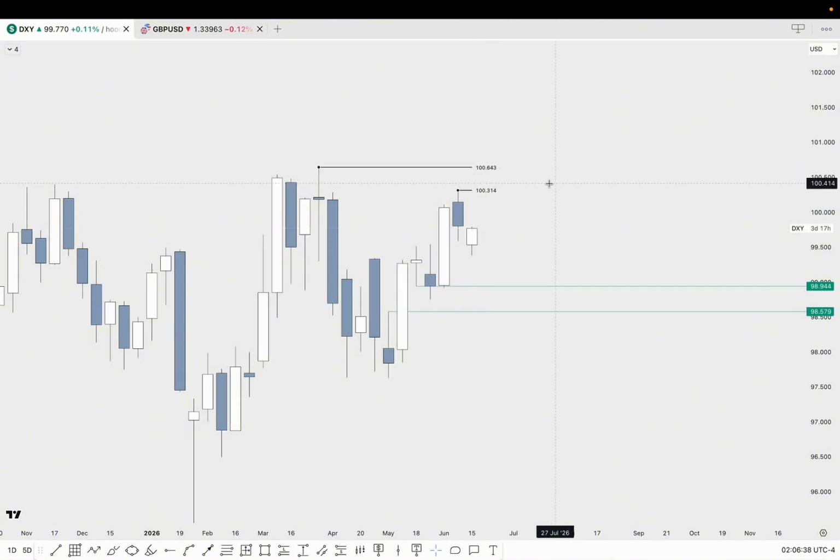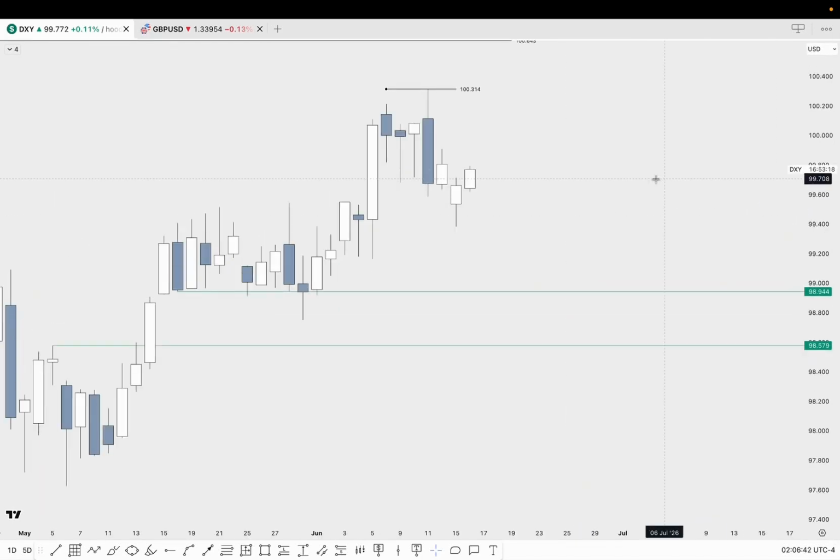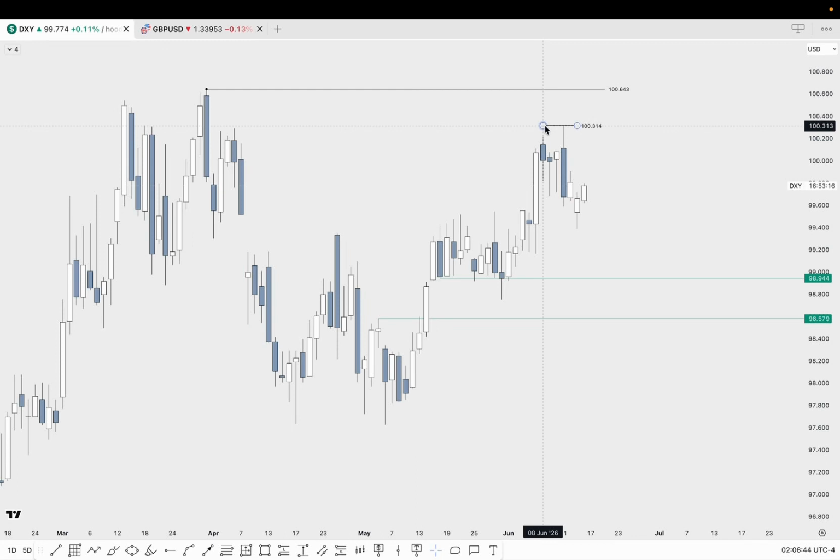If I go to the daily time frame, we're still heavily respecting the daily bullish imbalance here.